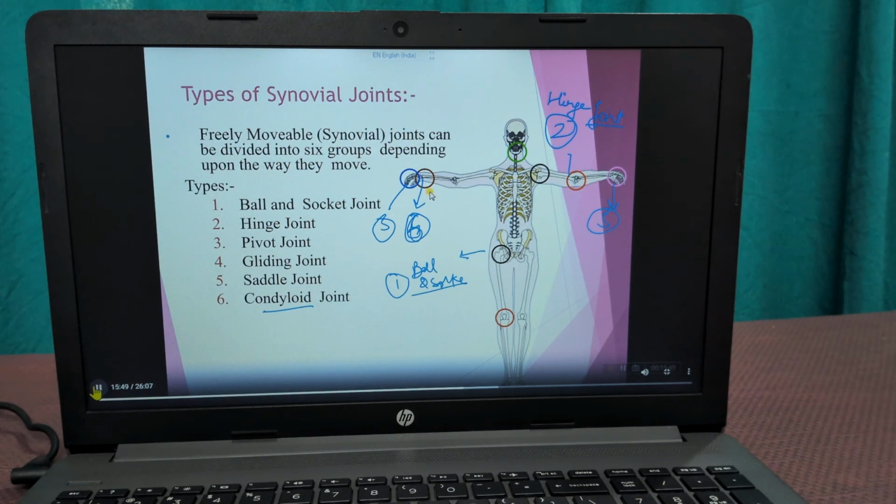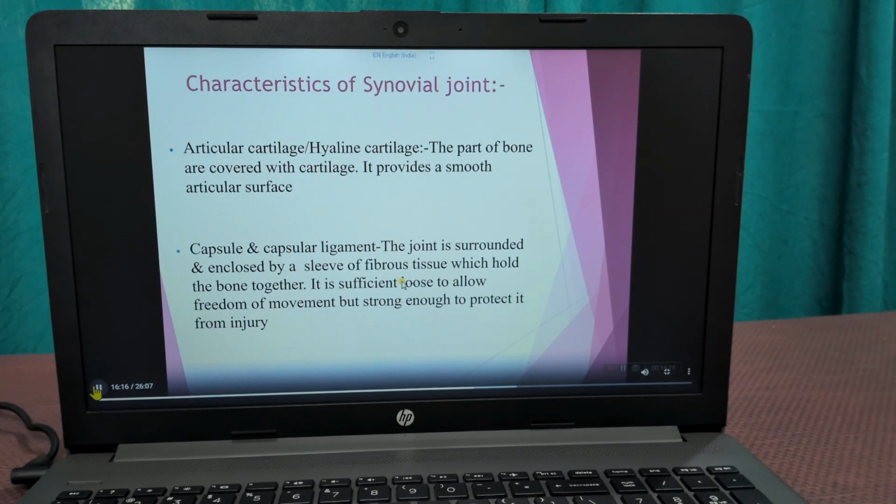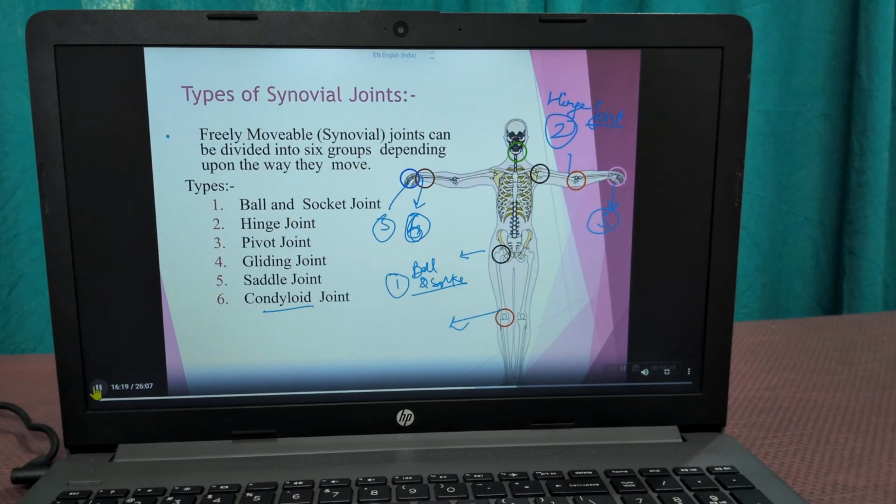And the gliding joints are those joints which are present in the femur and fibula. So these are the 4th, the gliding joints.